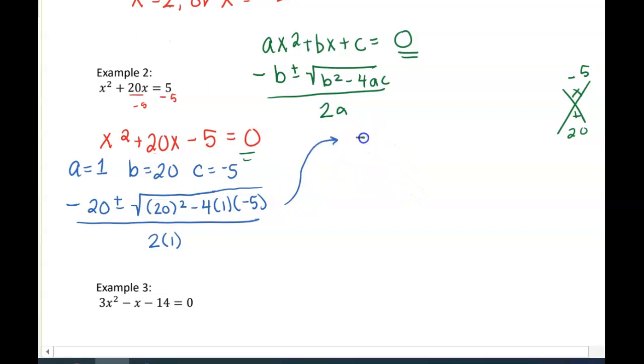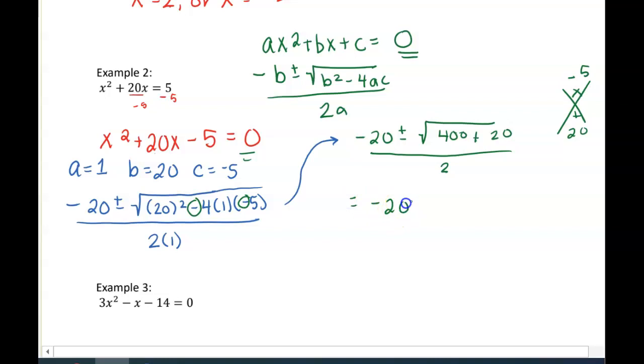Okay, well, this is just negative 20 plus or minus. Okay, 20 squared is 400. So square root of 400. A negative and a negative make a positive. 4 times 5 times 1 is 20. All over 2 times 1 is 2. So this is negative 20 plus or minus square root of 420 over 2.